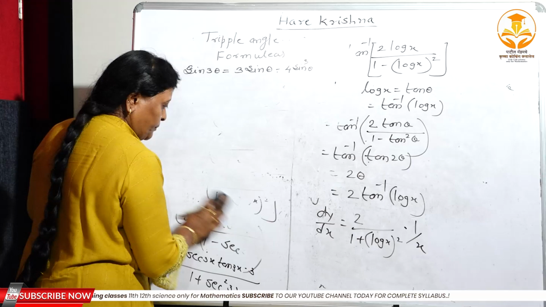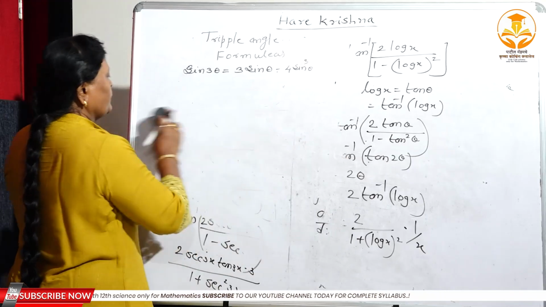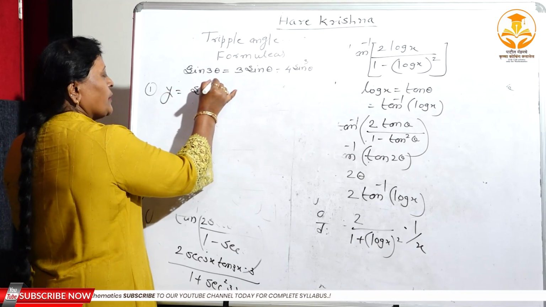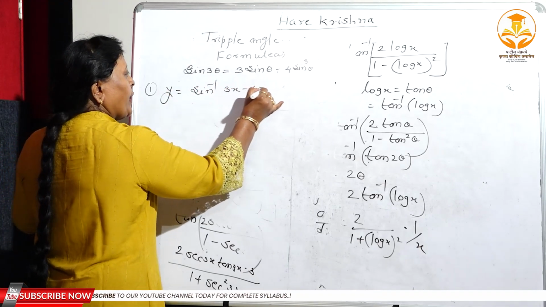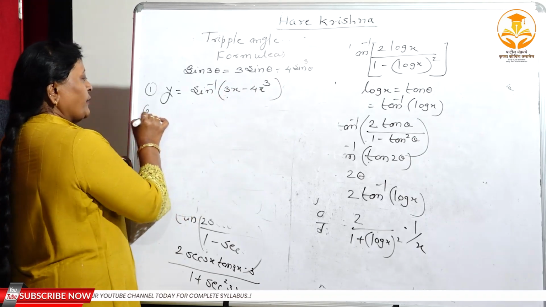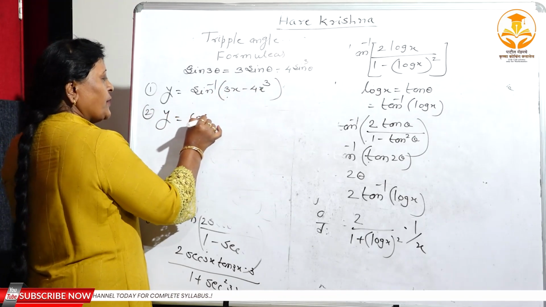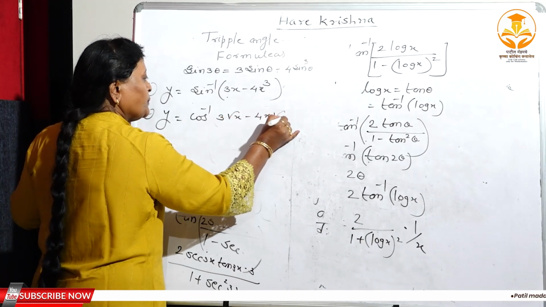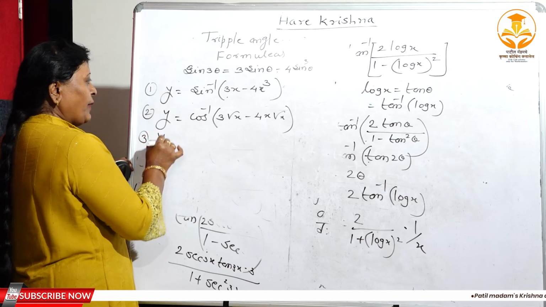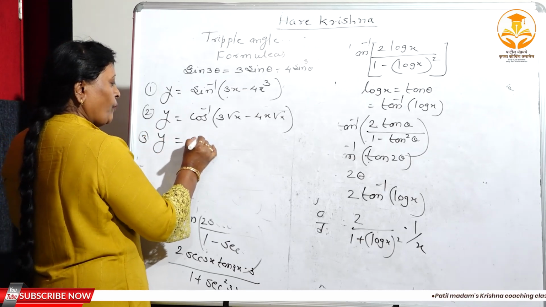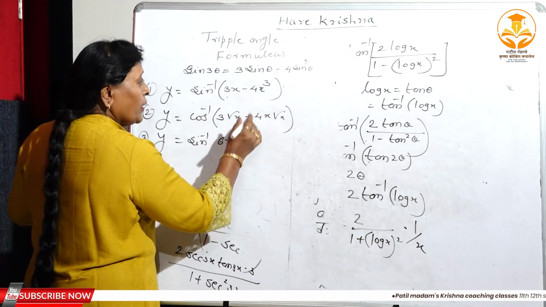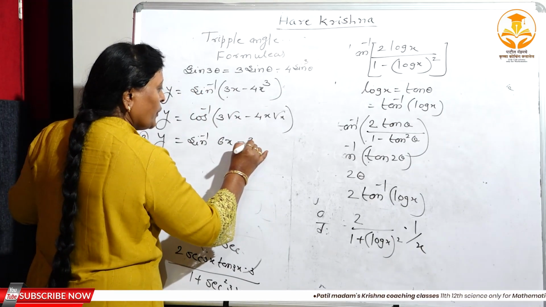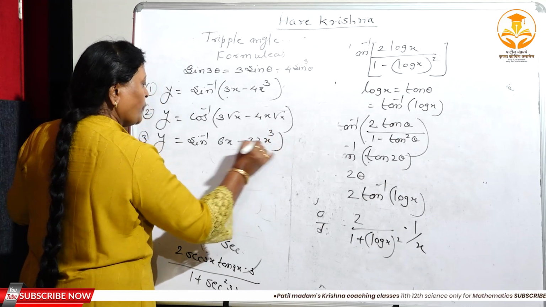See, here the first one, y is equal to sin inverse of 3x minus 4x cube, right? Second one, y is equal to cos inverse of 3 root x minus 4x root x. Again third, y is equal to sin inverse of 6x... 32x cube, right?